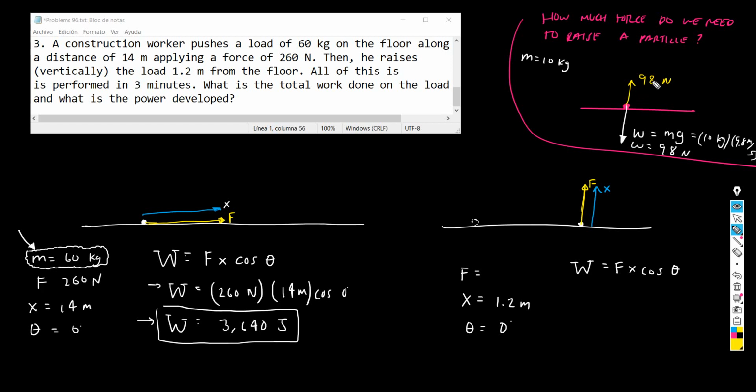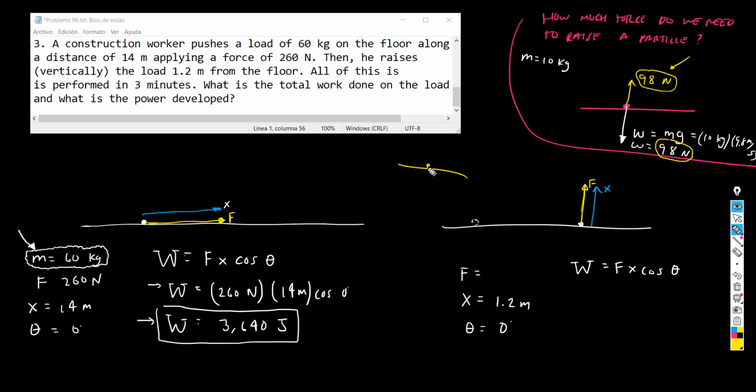And any tiny force greater than 98 newtons will cause the object to elevate, basically. So we might say that this is the minimum force that we need to apply to this object so that it starts to be lifted. And how much is this force? It's going to be always the same as its weight.